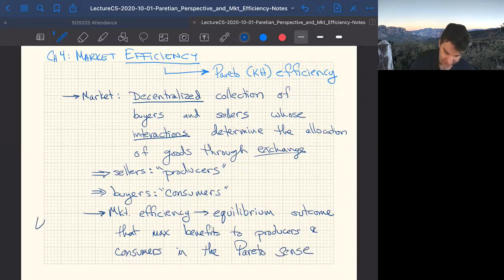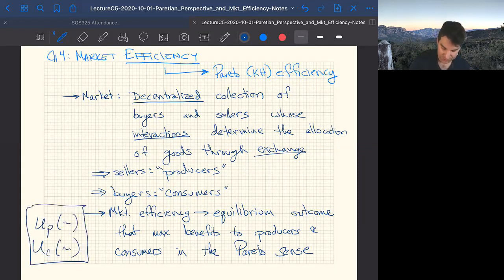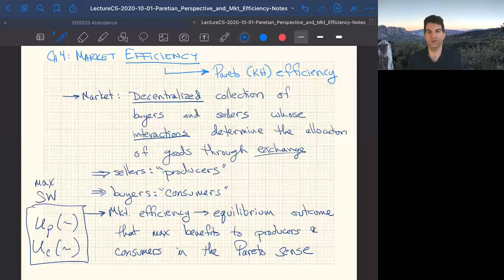And so basically you can imagine I have a utility function for producers and I have a utility function for consumers. And I am trying to maximize social welfare across producers and consumers.